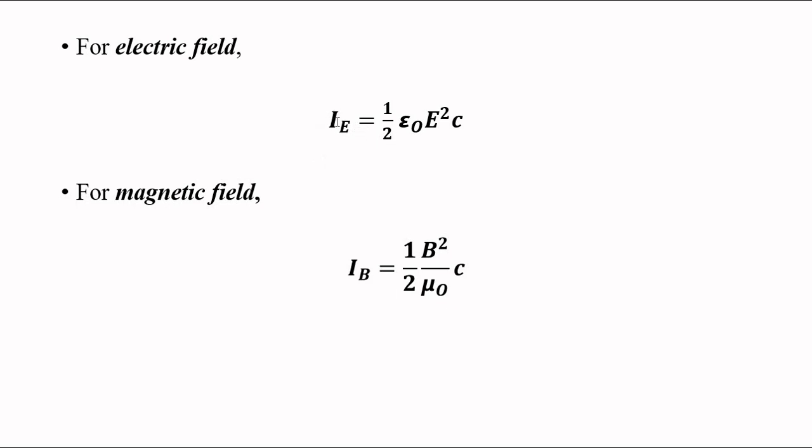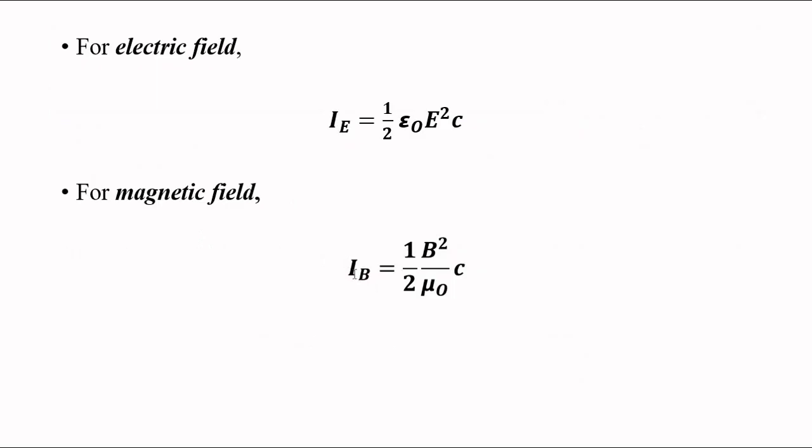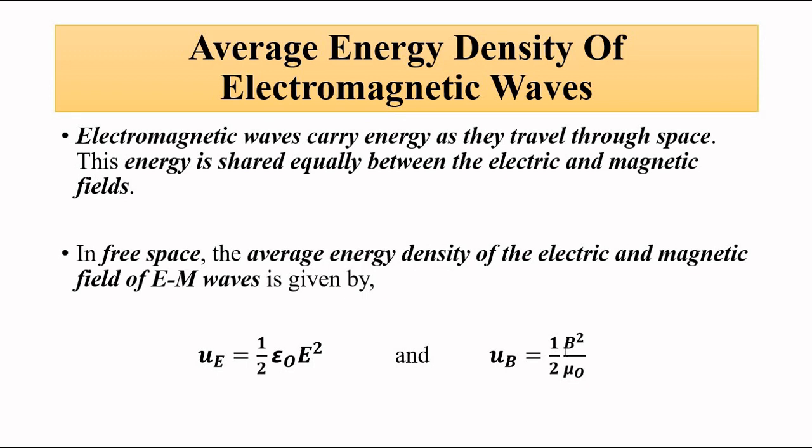For the electric field component, the intensity will be equal to I subscript E, which is equal to 1 by 2 epsilon 0 E square into c, because UE is equal to 1 by 2 epsilon 0 E square. And for the magnetic field, the intensity is I subscript B, which is equal to 1 by 2 B square by mu 0 into c, because UB is equal to 1 by 2 B square by mu 0.